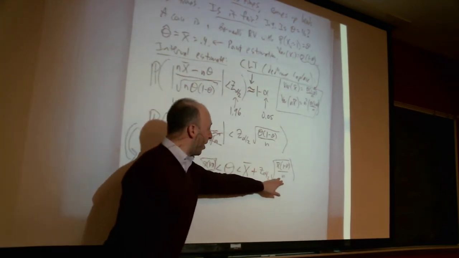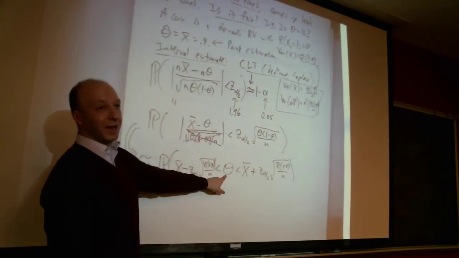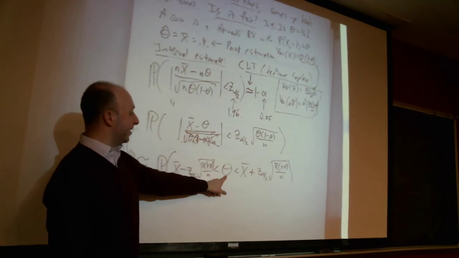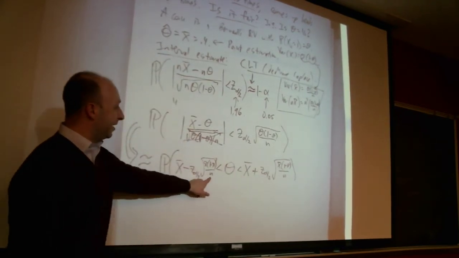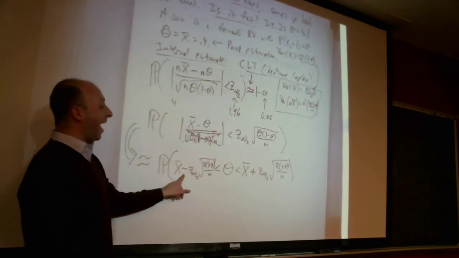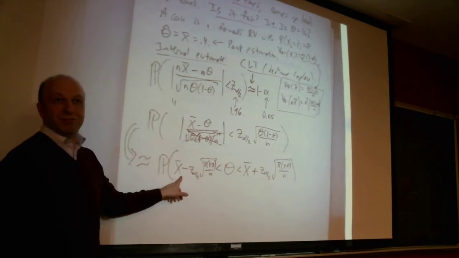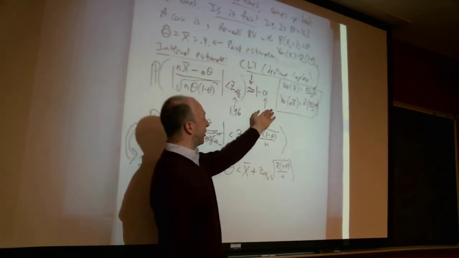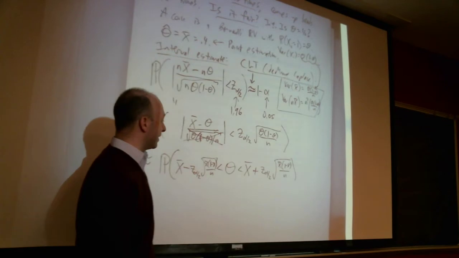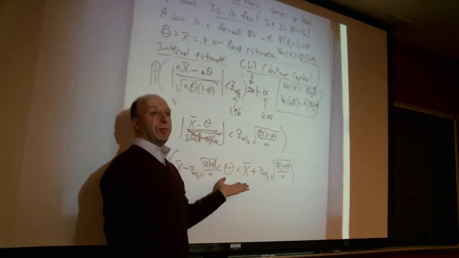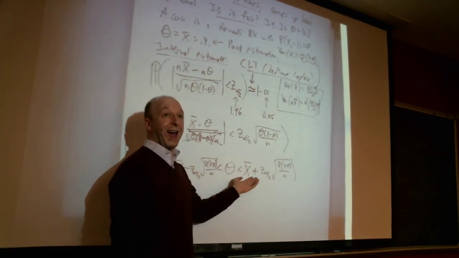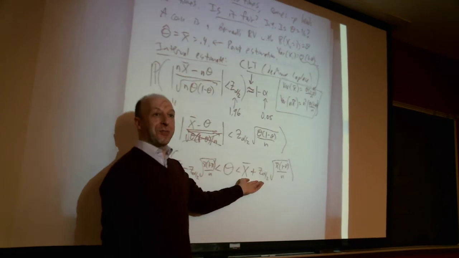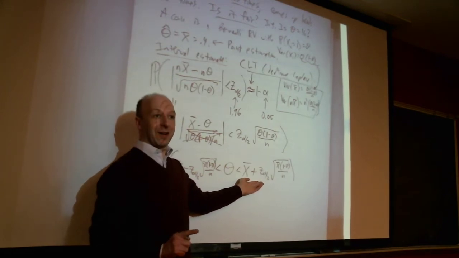So this is the probability that the true theta lies in this interval. And if this interval contains a half, then we have 95% confidence that the coin might be fair. But if it doesn't contain a half, we have 95% confidence that the coin isn't fair.